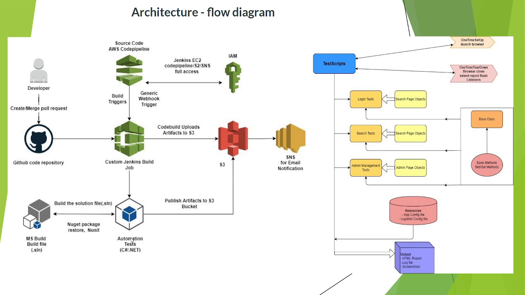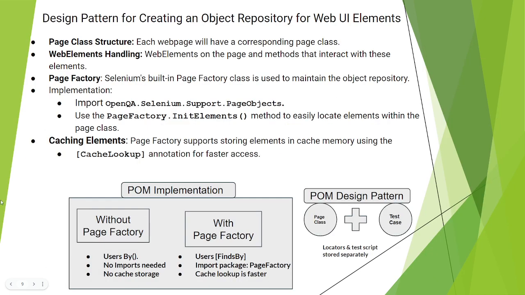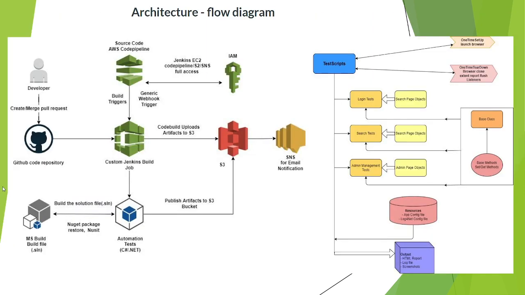Once your build is triggered, you will see your test automation will automatically pick it up, and once it starts running, it will build the source file like the .sln file, and using NuGet package restore and init, and then MSBuild. We'll talk about this at the end of the slides presentation regarding Jenkins configuration. Once you have run your Jenkins tests, you can publish your artifacts directly to S3.